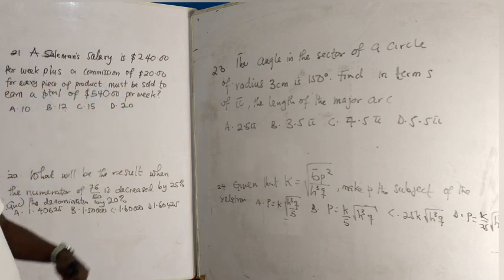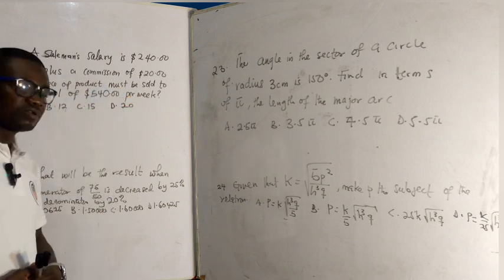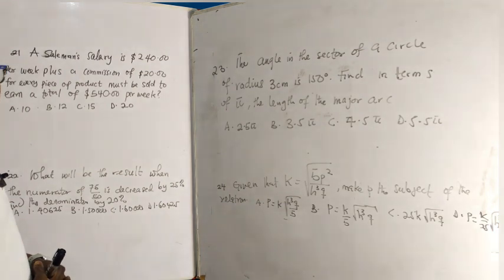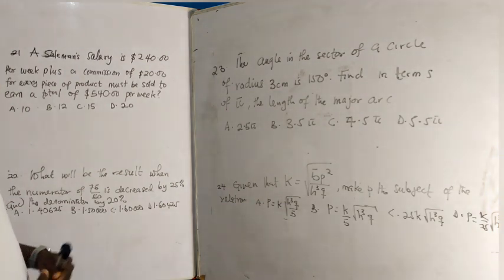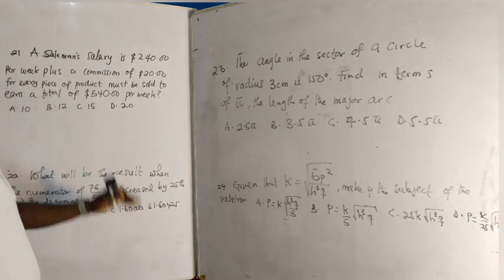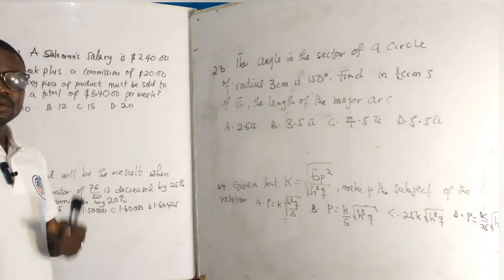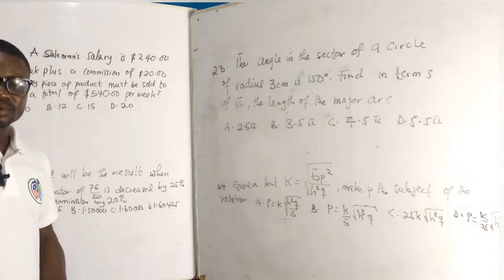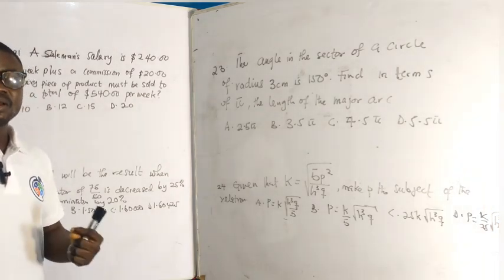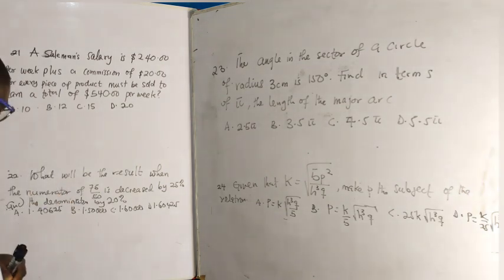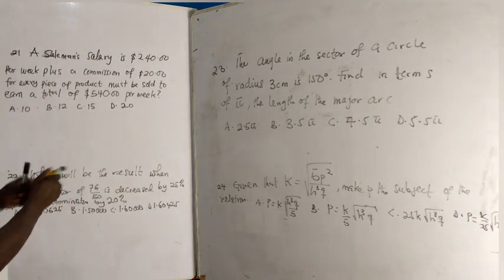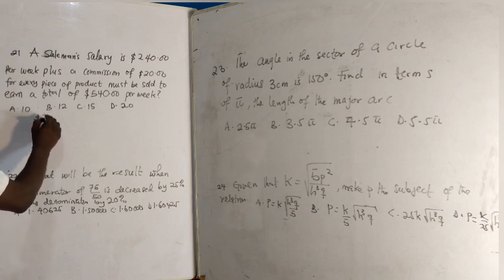To earn a total of $540 per week, we are supposed to find how many pieces of product will be sold to earn the $540.